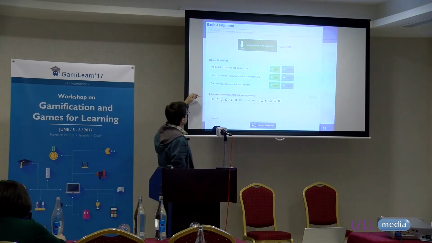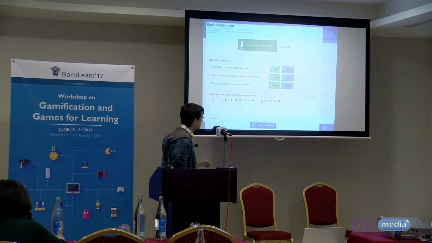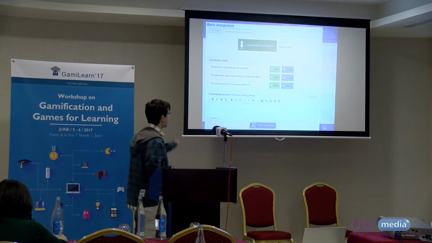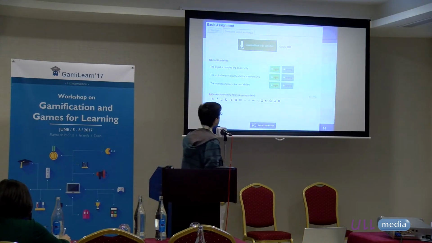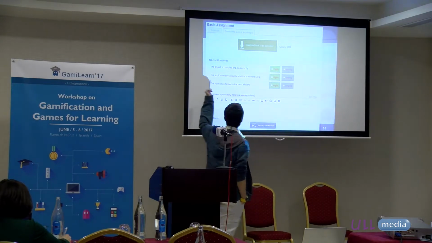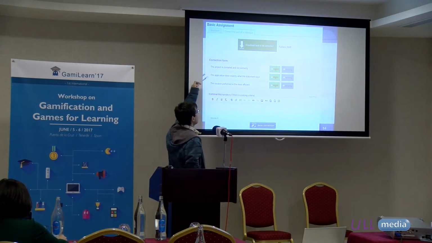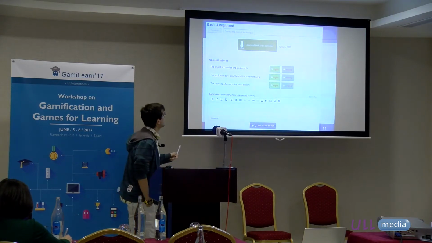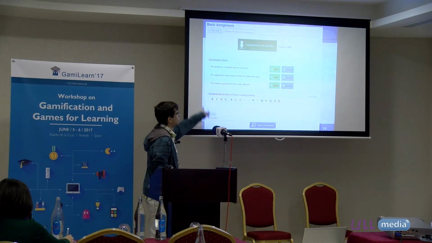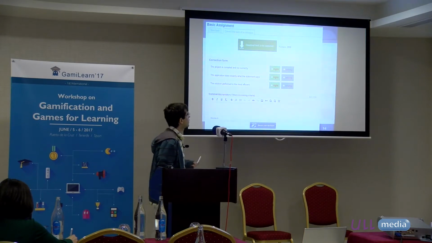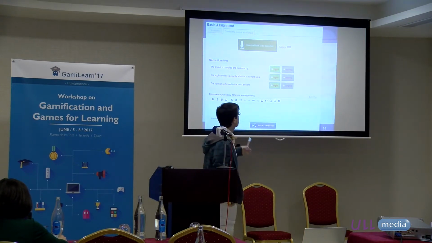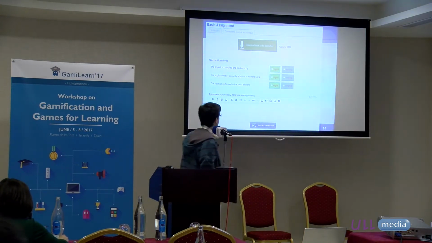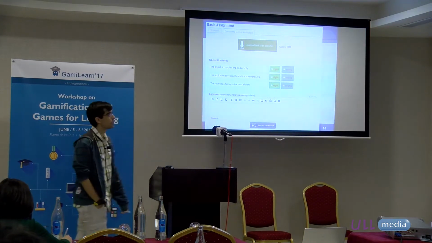The correction form has a right-wrong criteria to be selected, depending on the criteria established by the teacher, and also a comment section, which is mandatory for feedback to the student when wrong criteria are selected.